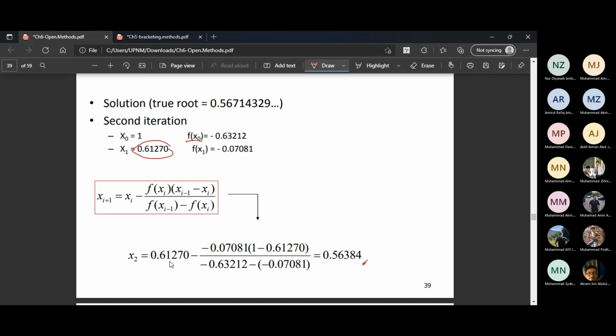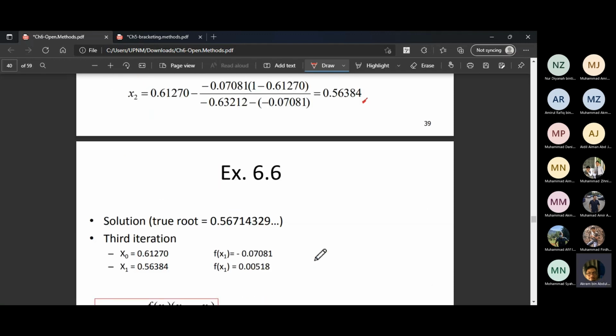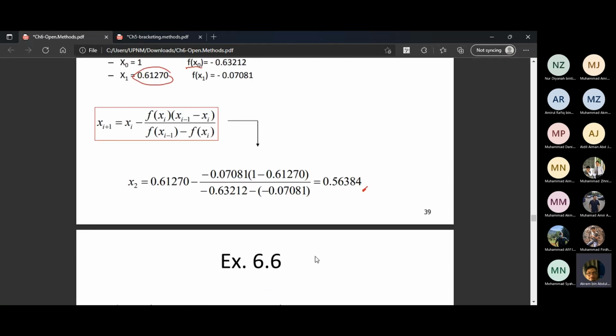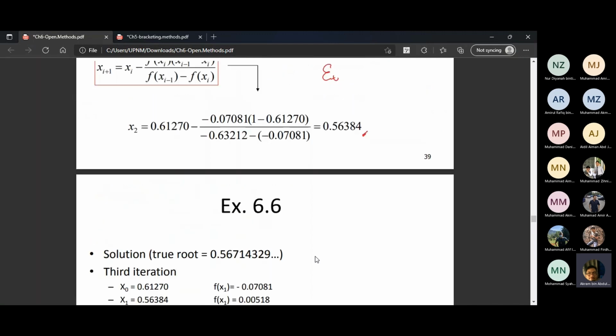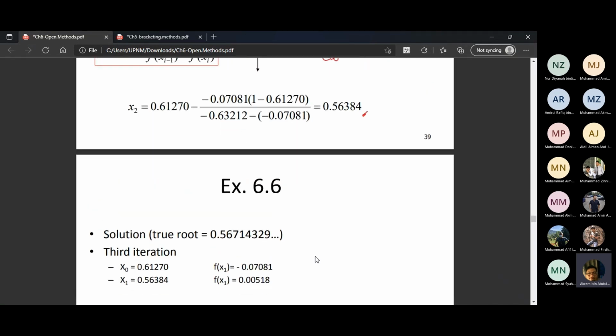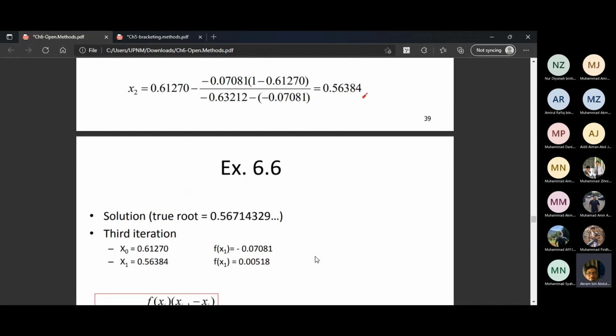And then we can calculate the value of the relative error. If we continue with the third iteration, our x0 will be 0.61270 and our x1 will be 0.5683 from the previous.